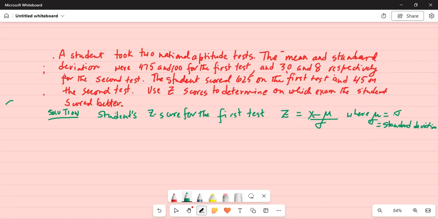Let me write it in a better way, so I'll erase both of them. Where I will write mu is equal to mean and sigma is equal to standard deviation.